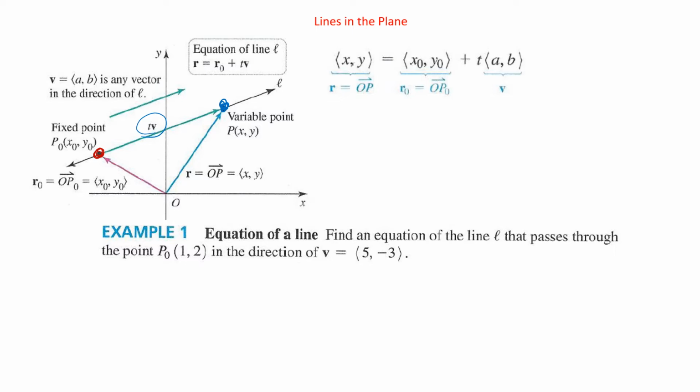So our vector xy is going to equal the initial vector. So we're going to turn the point into a vector, 1, 2, plus t times the direction vector, 5, -3.